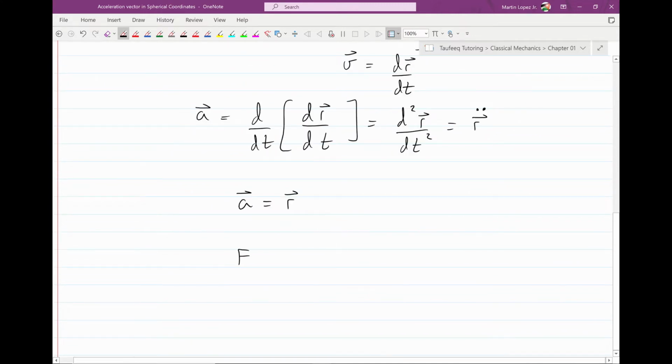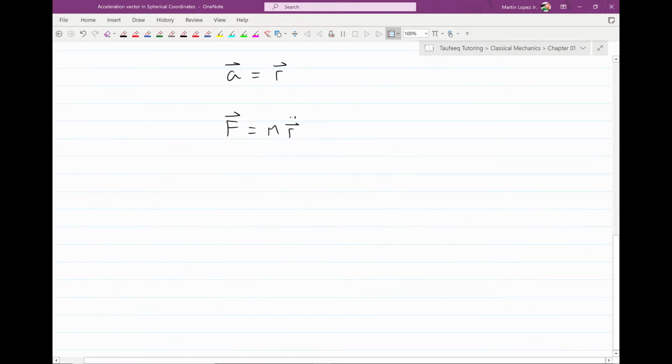And we can change Newton's second law to say the force is the mass times the second derivative of the position with respect to time. Great. If we know the position as a function of time, then we just need to take two derivatives and we have the force and the acceleration vector.